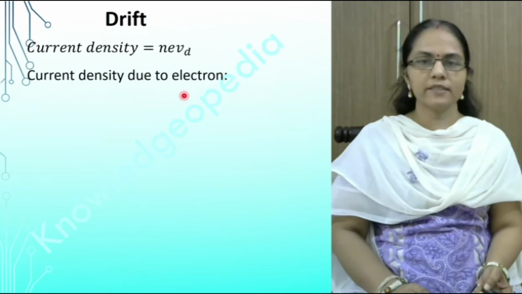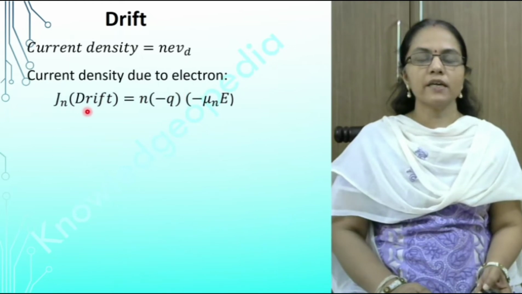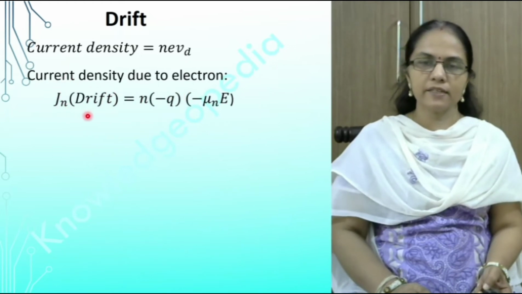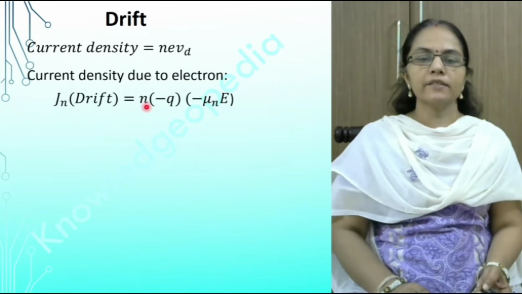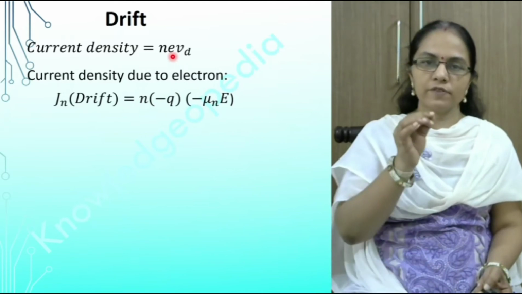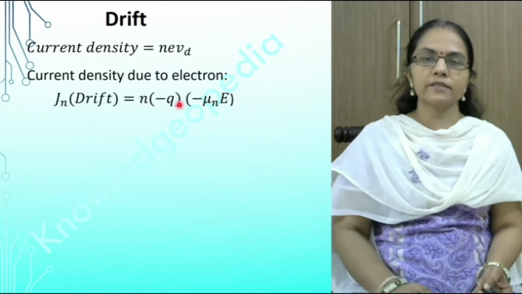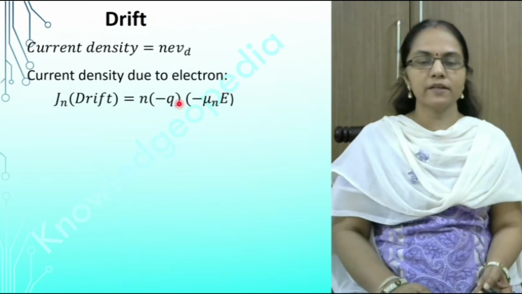What is the current density due to drift of electron? So Jn drift, the current density due to the drift of electron, should be equal to N, the number of electrons, times E, the charge of a single carrier, and here we are considering electrons, so the charge of an electron is equal to minus Q.